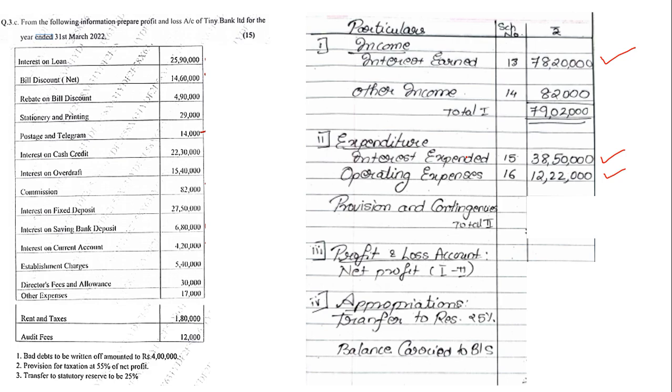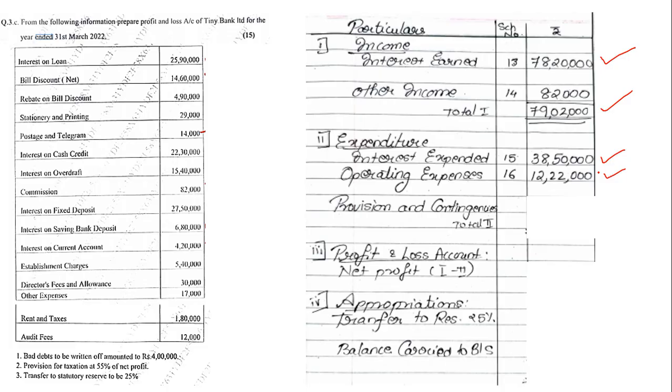Now, provision and contingency. They are giving you provision for tax at 55% of net profit. So for finding that, on your calculator, 79,02,000 minus your expenditure. These are 2 expenditures, so minus 38,50,000 minus 12,22,000. Whatever amount comes, that will be 28,30,000 into 55%.